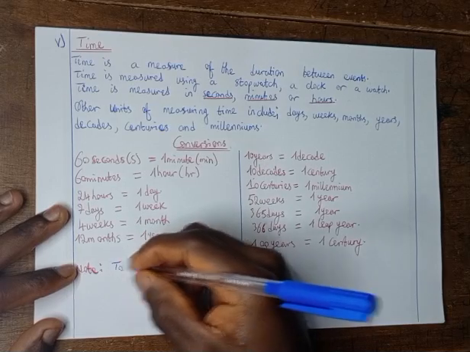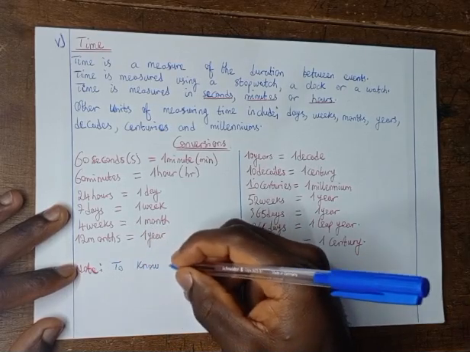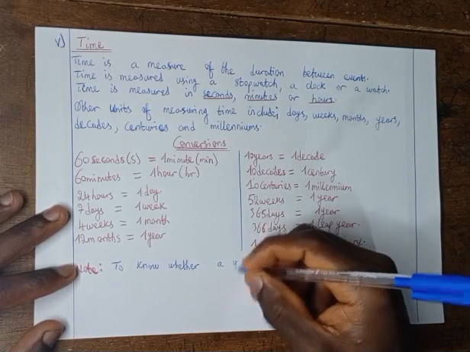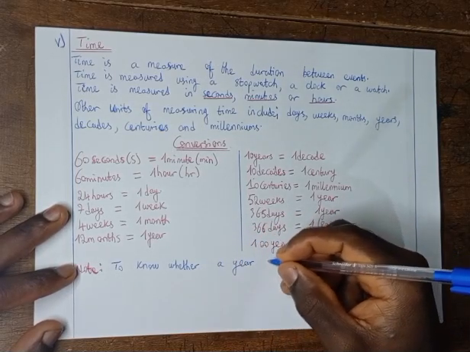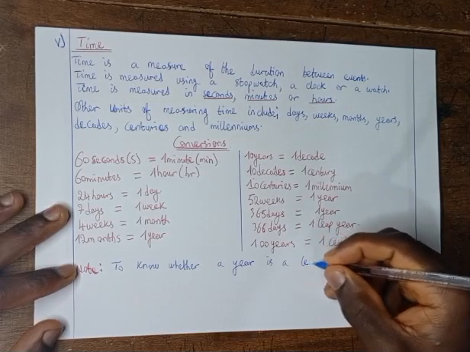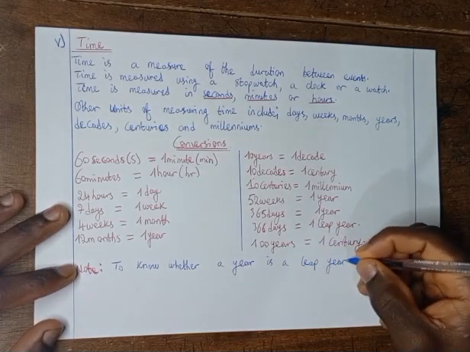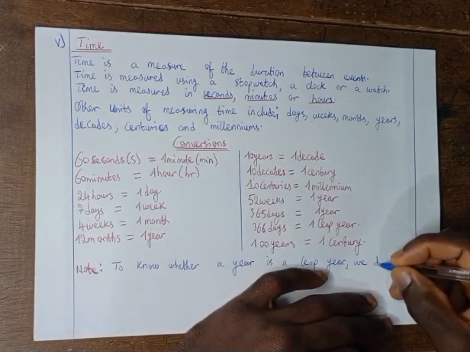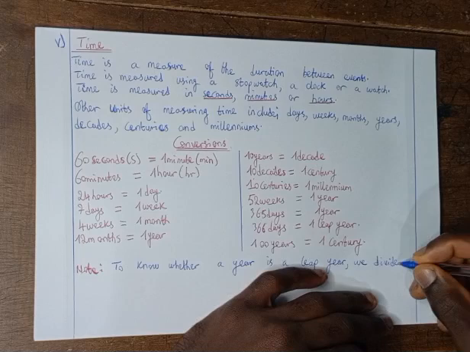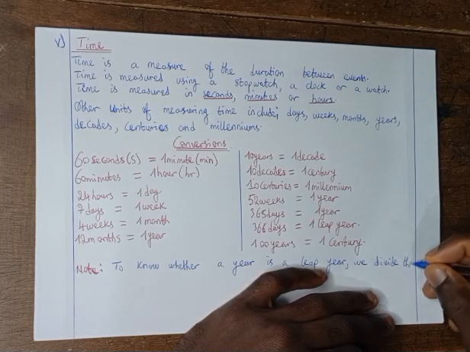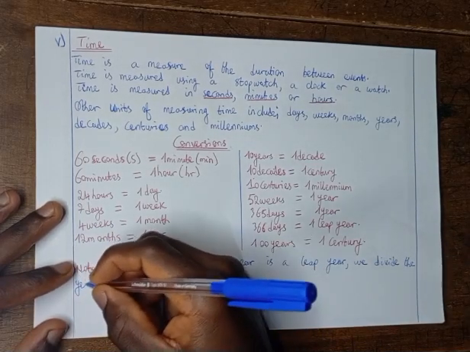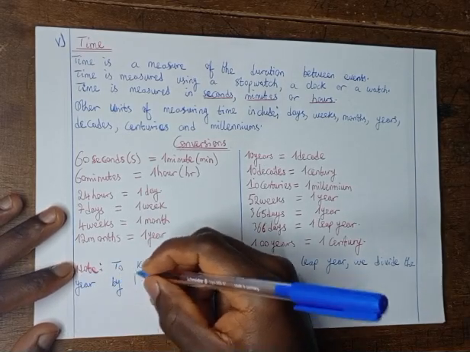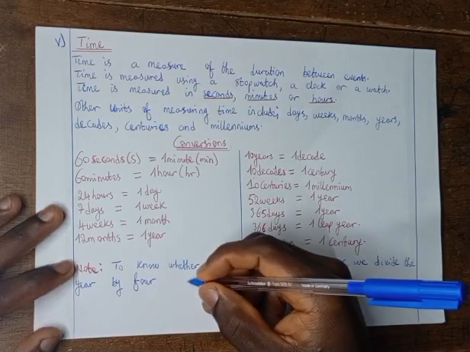To know whether a year is a leap year, we divide the year by 4. We divide the year by the number 4.